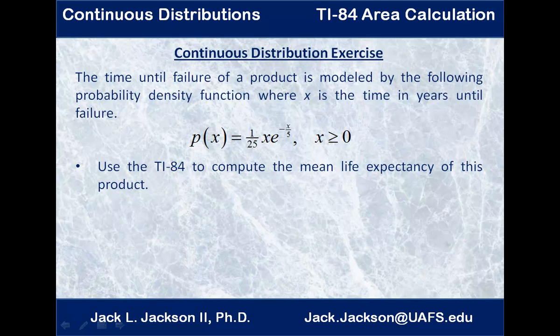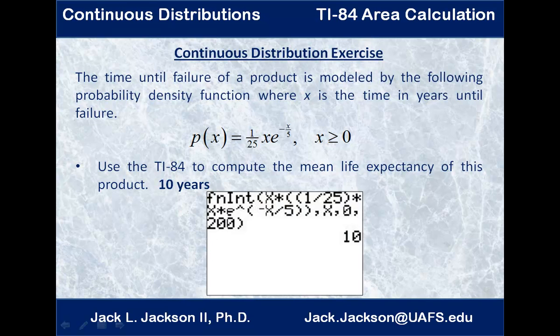Now, what is the mean life expectancy of this product? What is the average lifespan of this product? See if you can figure that out now. Press pause. Well, remember the mean is the expected value of x.